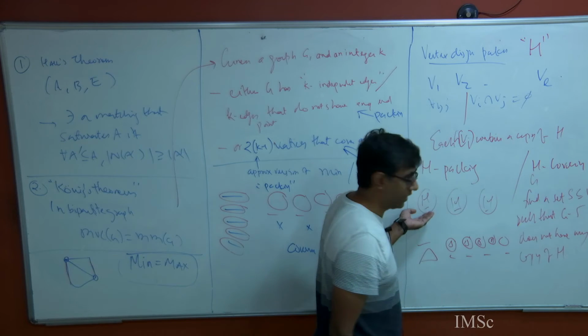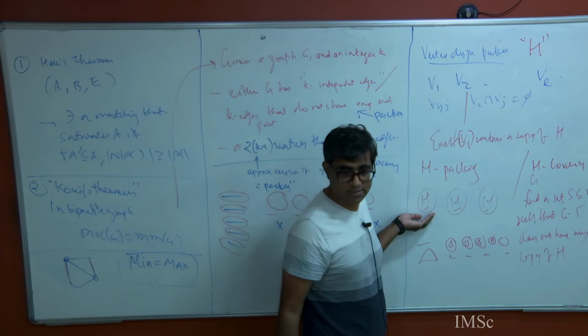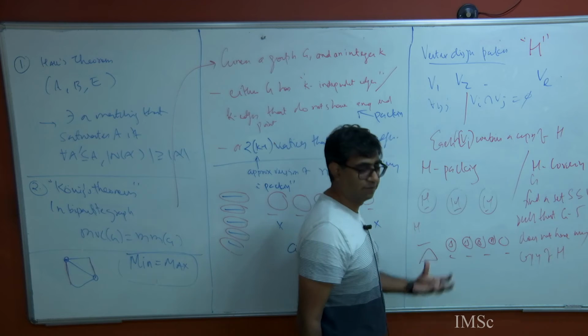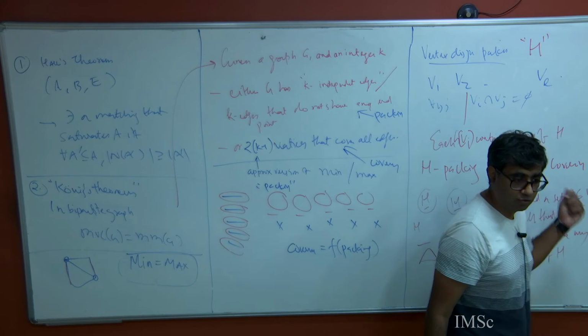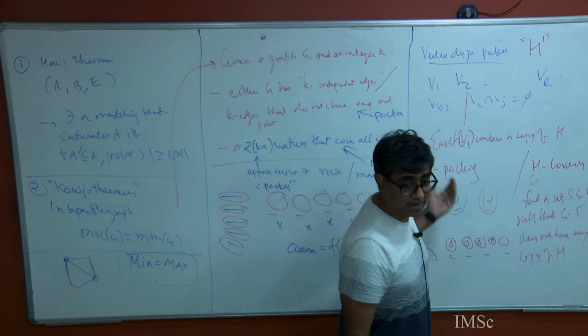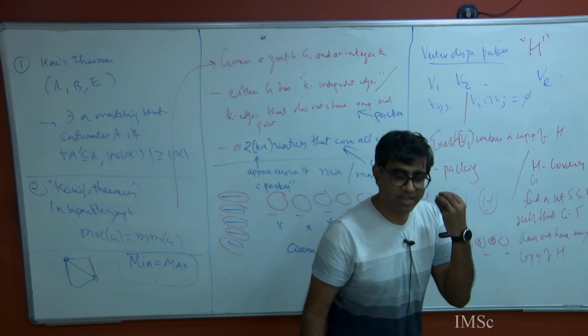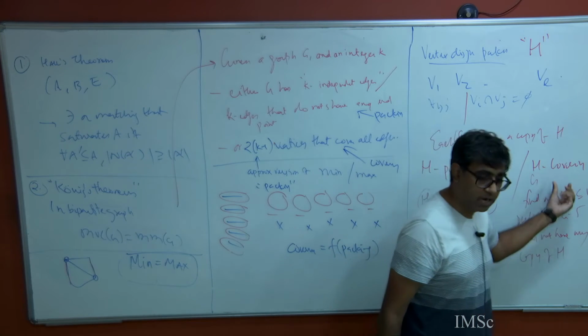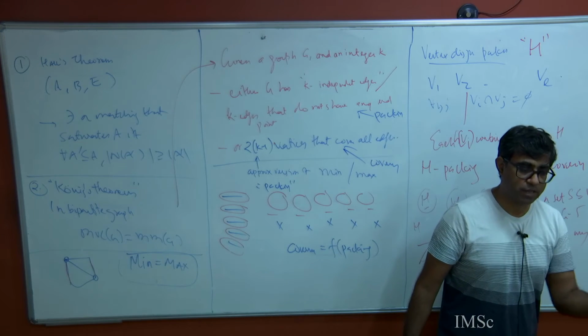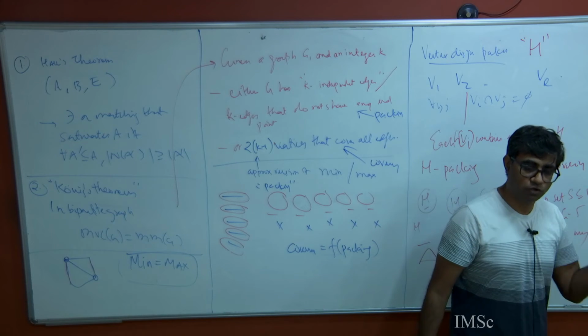So you can come up with any H of your choice, and you can ask yourself a packing question and a covering question. Given a graph G, what is the packing number? It is the maximum number of disjoint copies the graph contains. What is the covering number? It is the minimum number of vertices I need to destroy all the copies of H.